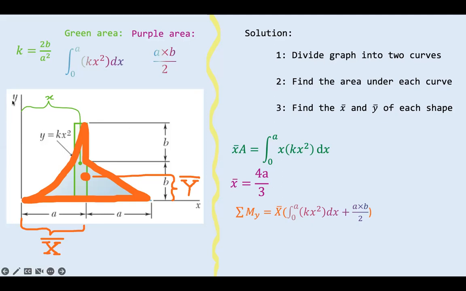Here we have the sum of the two areas of the two shapes, so basically the whole area under this shape over here. And this is in turn equal to the integral from 0 to a of x times kx squared times dx plus 4a over 3 times ab over 2.